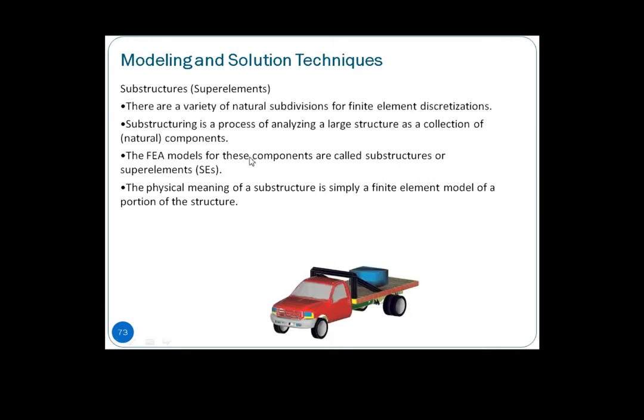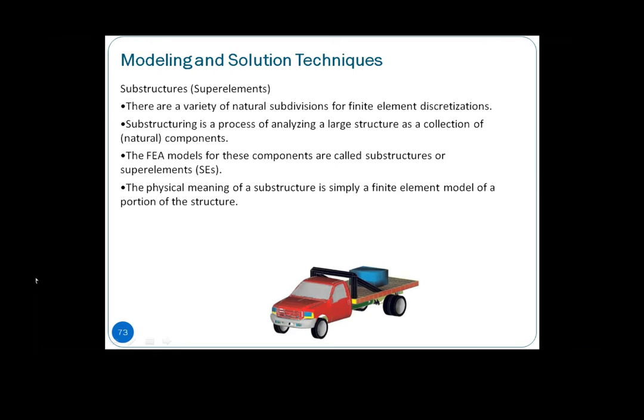The second one is in terms of modeling. Either you go for symmetry, or the second part involves a component that is not just one component but multiple components. Here we call it substructures.